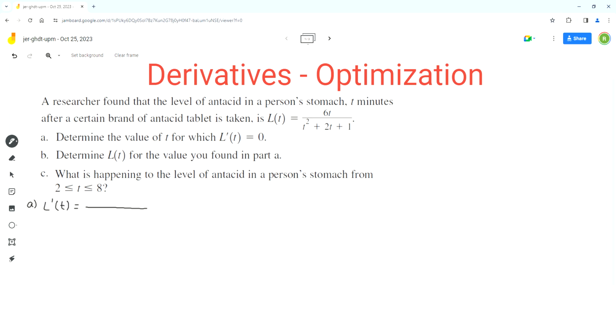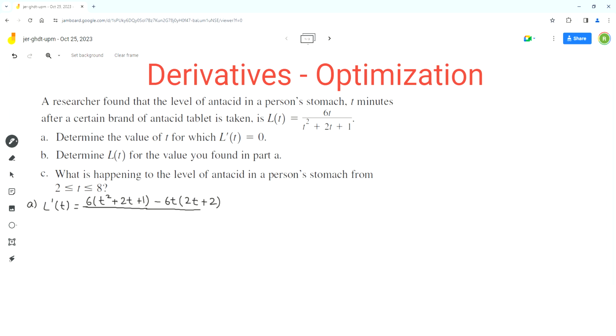So the derivative of the 6t term is just 6, times the denominator, which is t squared plus 2t plus 1, and then minus the numerator expression, which is 6t, times the derivative of the denominator, which will be 2t plus 2.